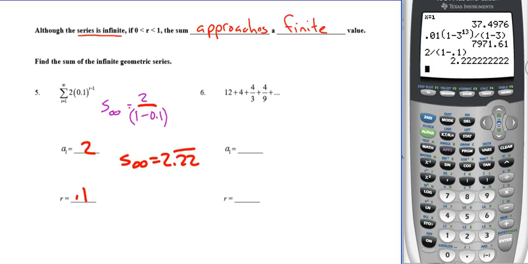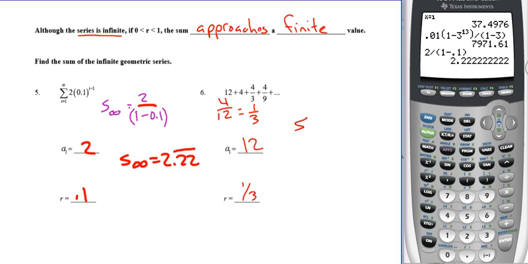Okay? So let's try it in summation notation. Let's start here. A1 is 12. My ratio, well, remember, they find the ratio by dividing the second one by the first one. So that's 1/3. My ratio is 1/3.